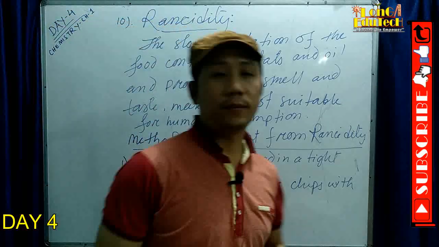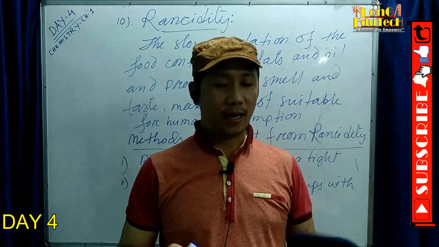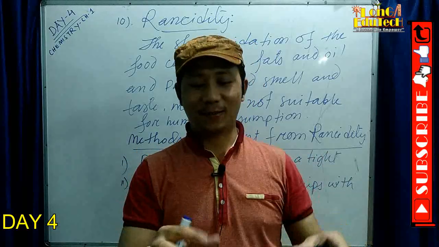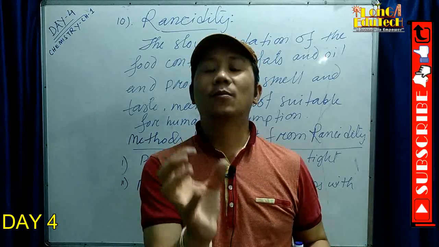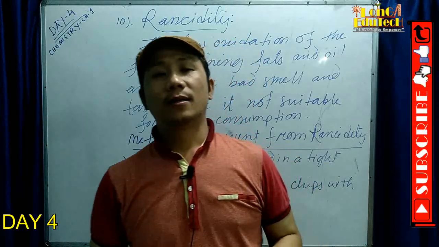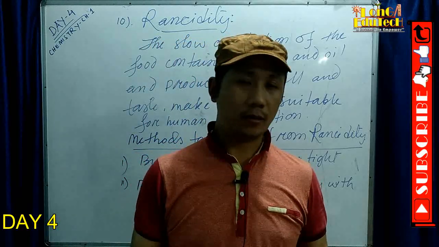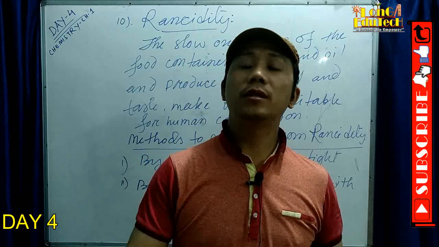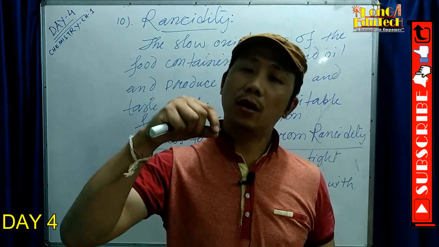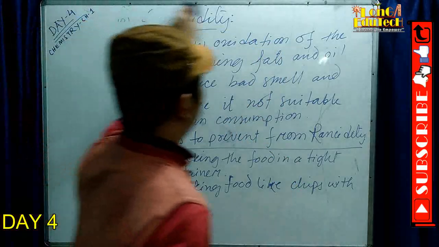Just say potato chips, these big packets. If we open one, there is only this much potato, but the packet is this big, right? So inside there is air, right? What air? Do you think that is oxygen? No, that is nitrogen. Nitrogen doesn't allow oxygen to come in contact with the food. So yes, we'll continue here.